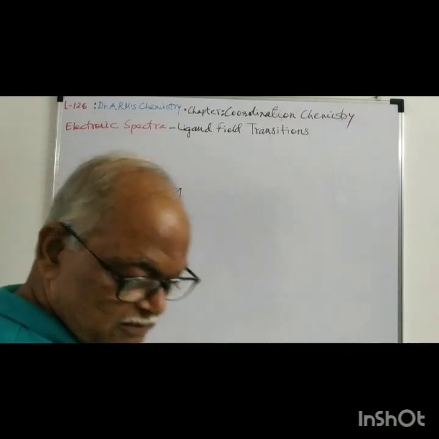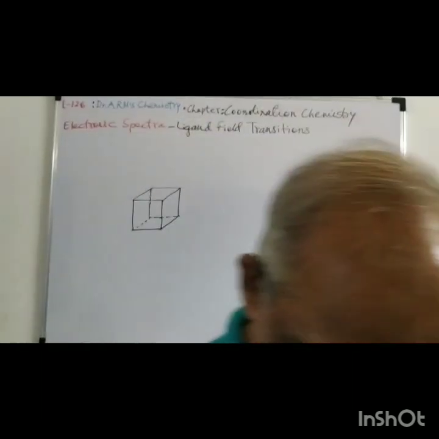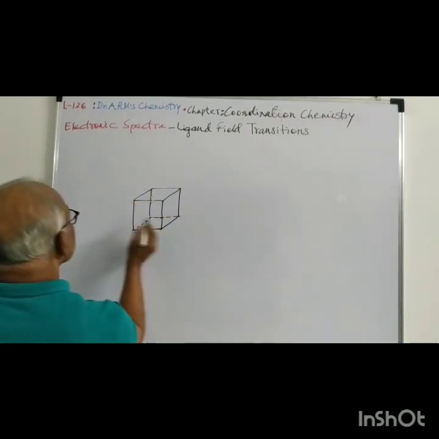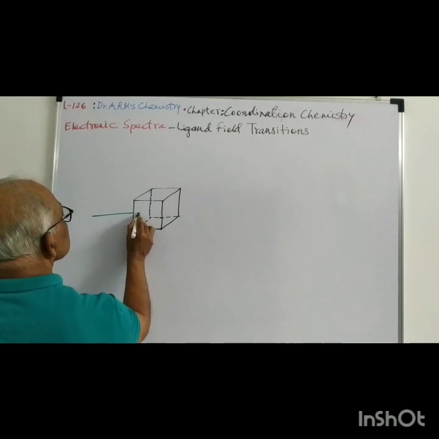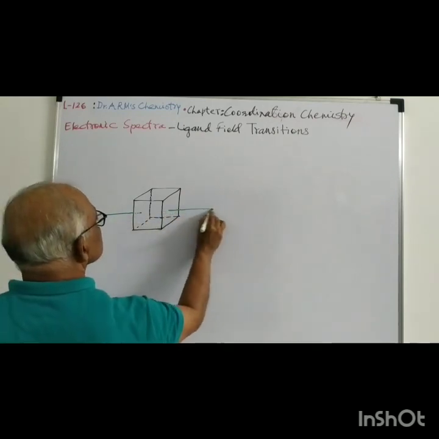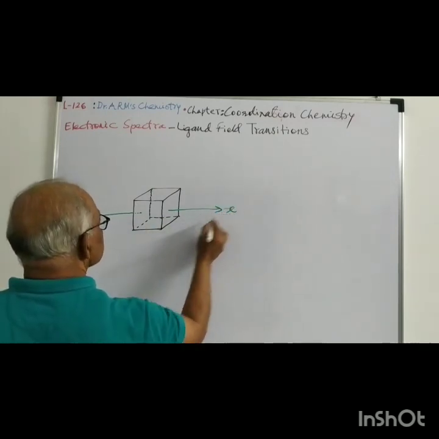So this is our cube, and in this cubic shape we can show the axis. So we can show the axis like this. So this is x-axis.